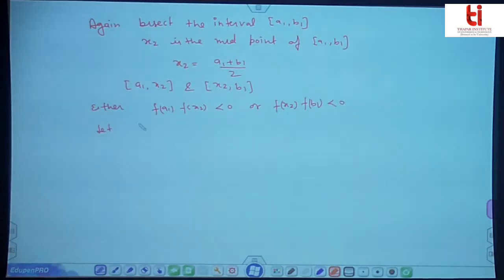Let the second case be our case, f of x2 times f of b1 is less than 0. So the new interval formed is I2, and we give the endpoints of this interval the names a2 as x2 and b2 as b1.